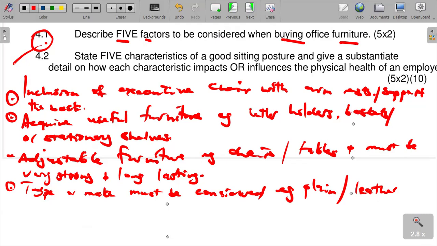And then: state 5 characteristics of a good sitting posture and substantiate with detail how each characteristic impacts or influences the physical health of an employee.